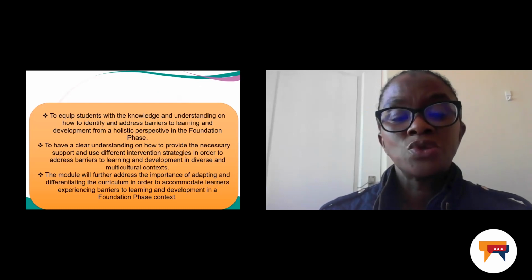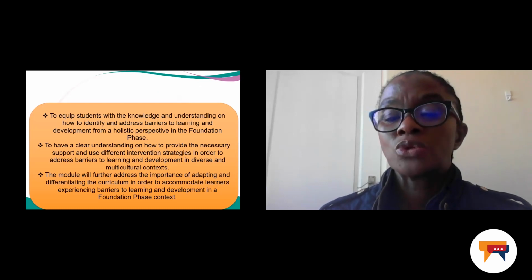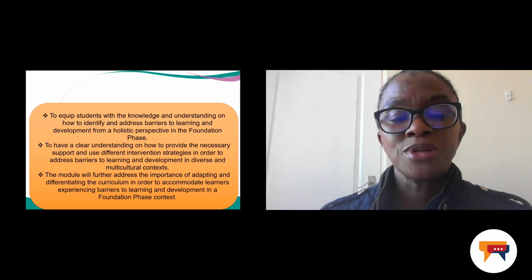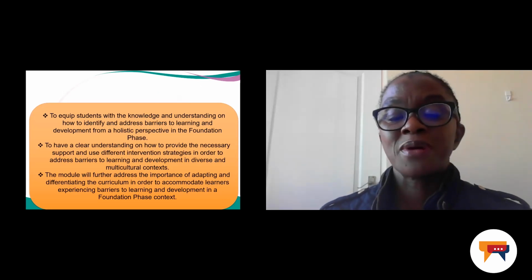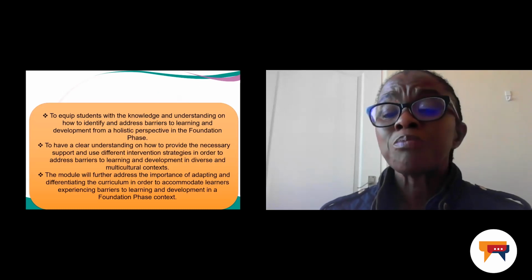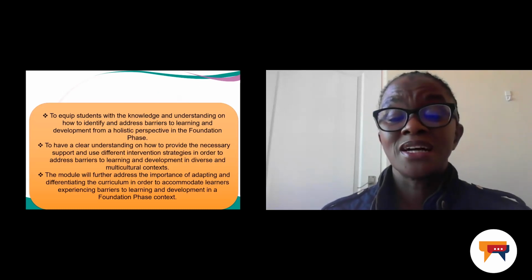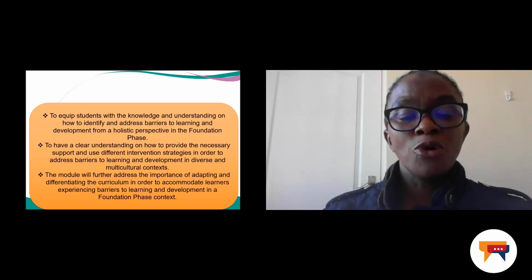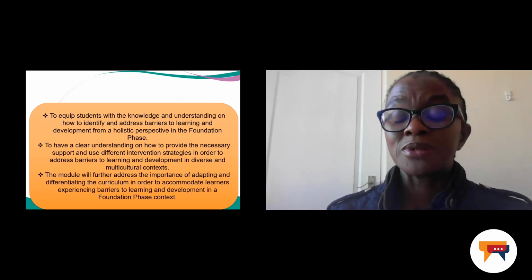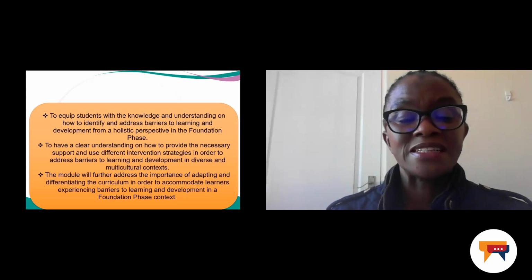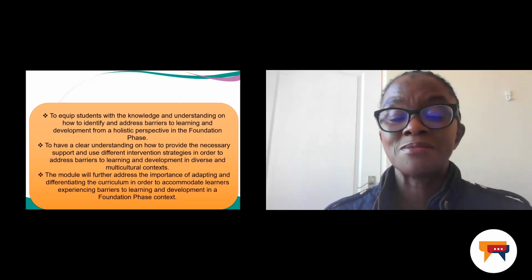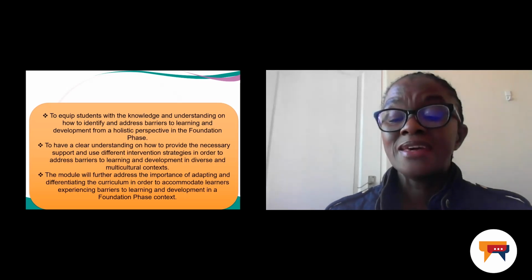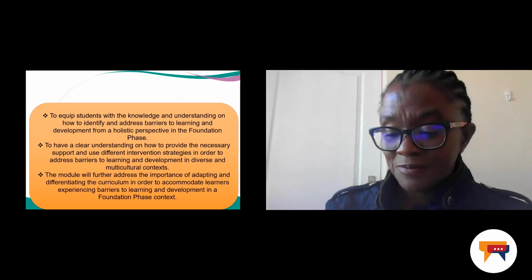The other one is to have a clear understanding on how to provide the necessary support and use different intervention strategies in order to address barriers to learning and development in a diverse multicultural context. And the module further addresses the importance of adapting and differentiating the curriculum in order to accommodate learners experiencing barriers to learning and development in the foundation phase.